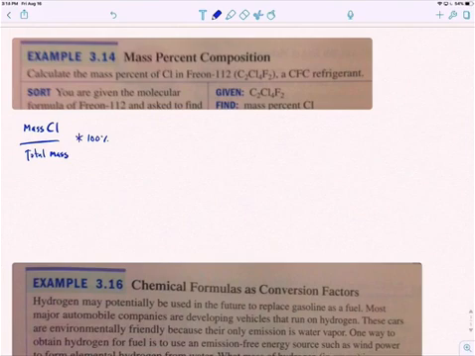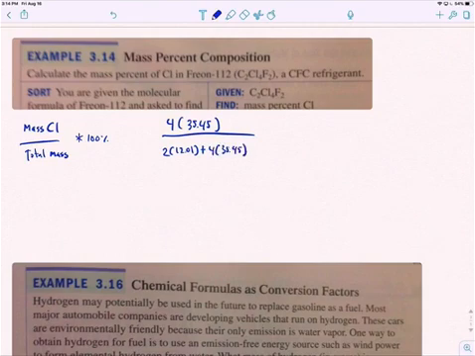Okay, so the mass of chlorine: there are 4 chlorines, so 4 times 35.45, which is the atomic mass of chlorine. Then this is over the whole molecule: 2 times 12.01 for carbon, plus 4 times 35.45 for chlorine, plus 2 times 19 for the fluorine, times 100%.